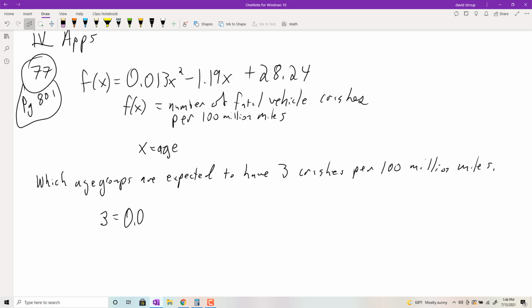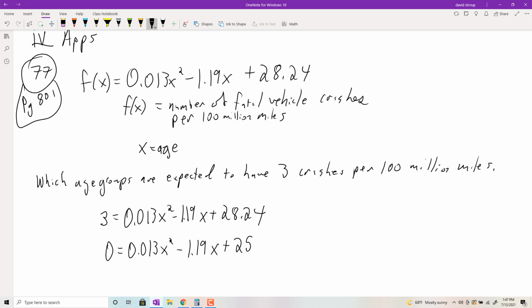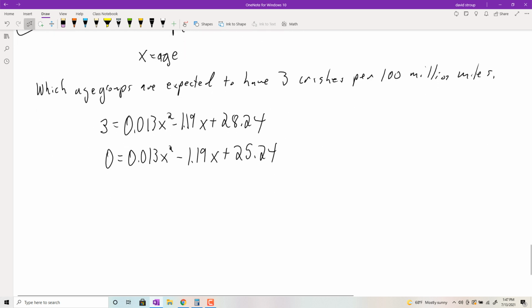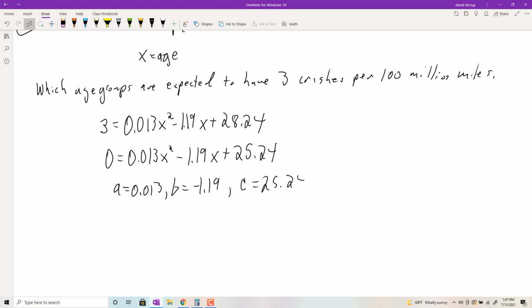Then we have 0.013x squared minus 1.19x plus 28.24. I need to set it equal to 0. And then I could use the quadratic formula, because there's no way you're going to be able to factor that. So my a is 0.013, the b value negative 1.19, the c value 25.24.